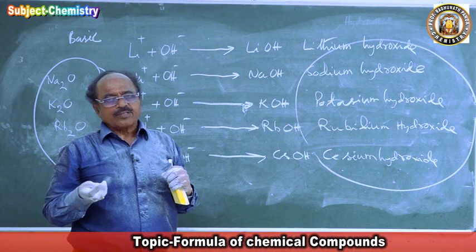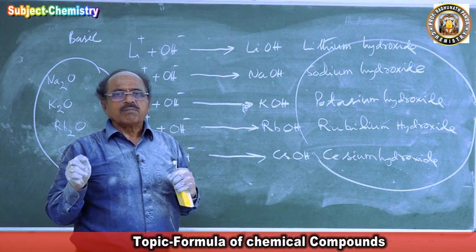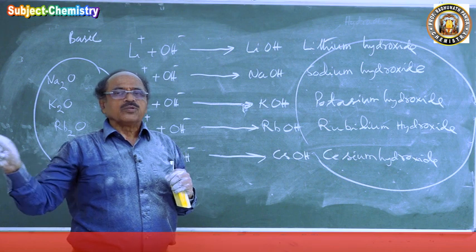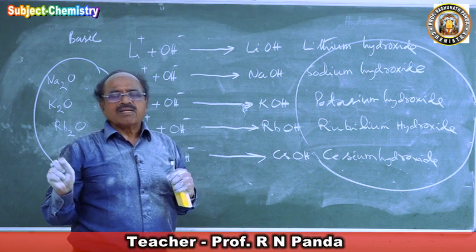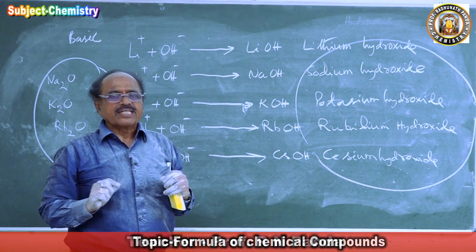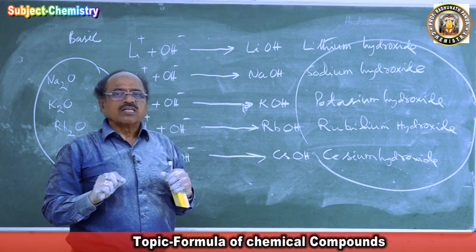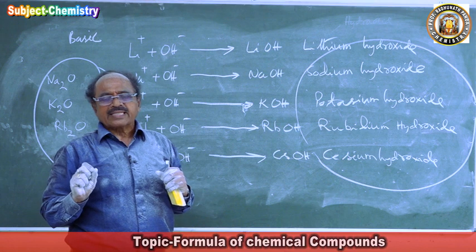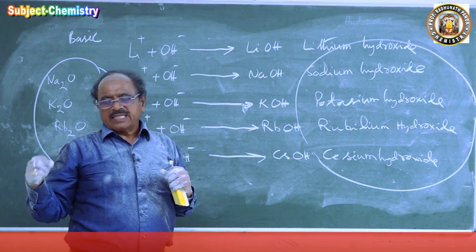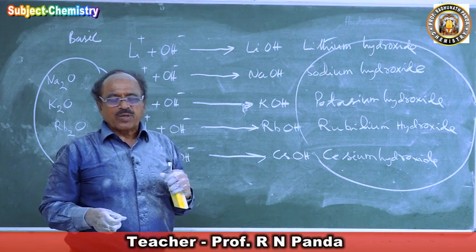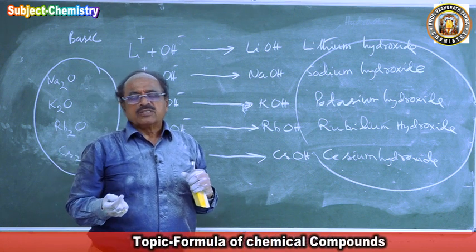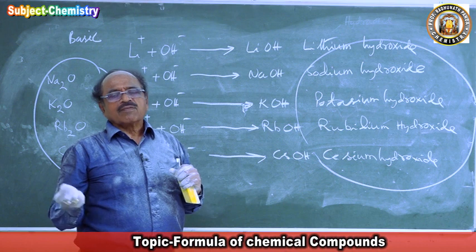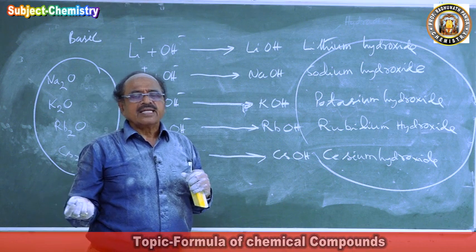Since they are highly electropositive metals, beryllium will combine with OH to form Be(OH)2. Magnesium will combine with OH to form Mg(OH)2, magnesium hydroxide. Calcium will combine with OH minus to form Ca(OH)2, calcium hydroxide. Strontium plus 2 will combine with OH minus to form strontium hydroxide.